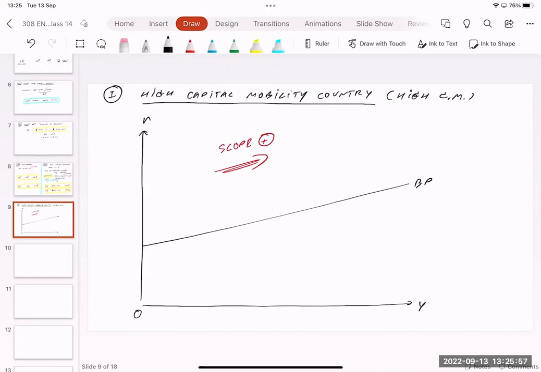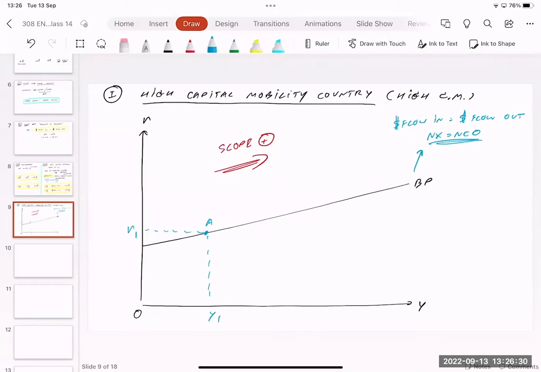One thing you should know is that every point on the BP curve represents the situation where the money flowing in is equal to the money flowing out, or NX equal to NCO. Starting with point A, for example, GDP equals Y1 and the real interest rate equals R1.